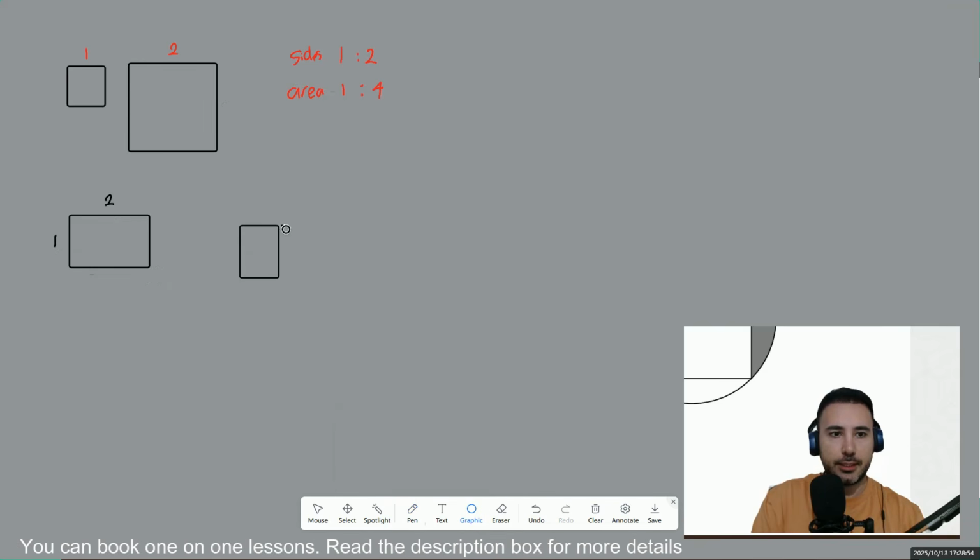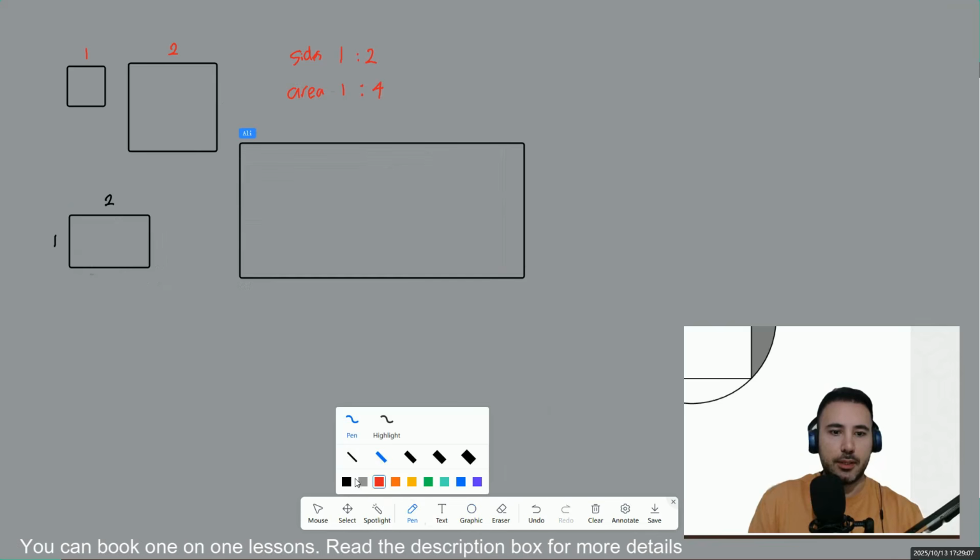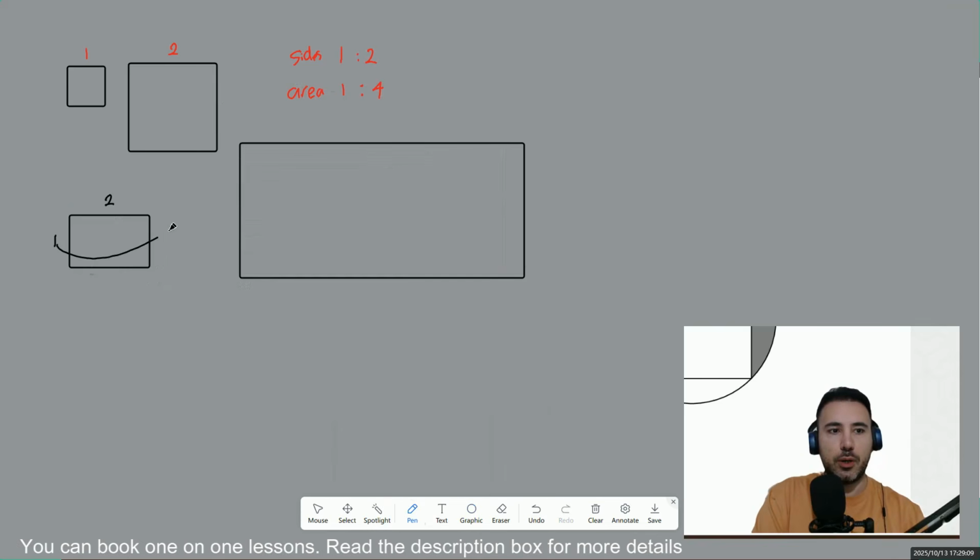The side length here will be a 3, and then if I want to make it 3 times larger, this is going to be 1 times 3. So this is 3. Let's make this one 3 times larger, so it will be 6.